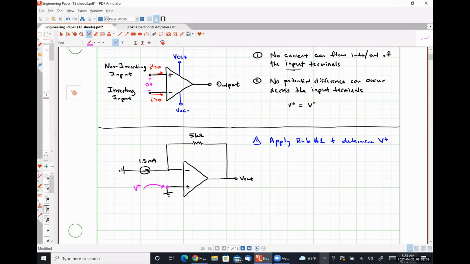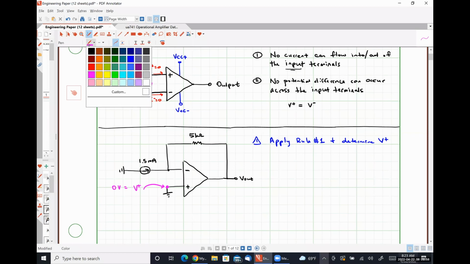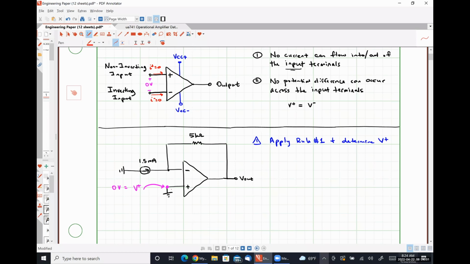What would that numerical answer be? 0 volts, because the non-inverting input terminal is tied to ground. All right. While we're at it, I'm simply going to label this current as a reminder that it has to be 0 amps, and label this current as well to remind myself that it has to be 0 amps.